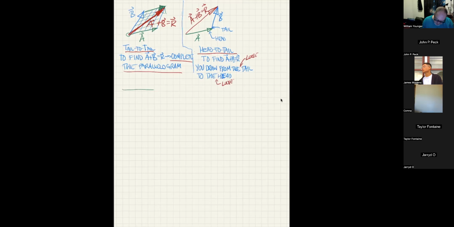We shall call it addition's friend, subtraction. So let's do the same thing again. I'm going to draw a vector. This time I'm going to call this one C, and I'm going to call this one D. Okay. What I would like to know is, what is C minus D?